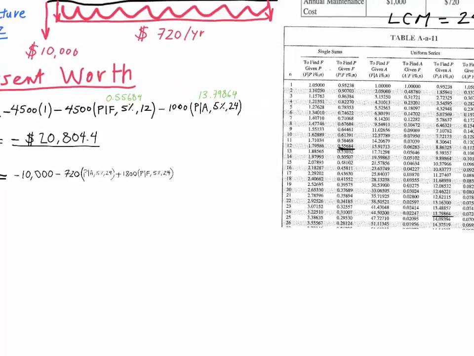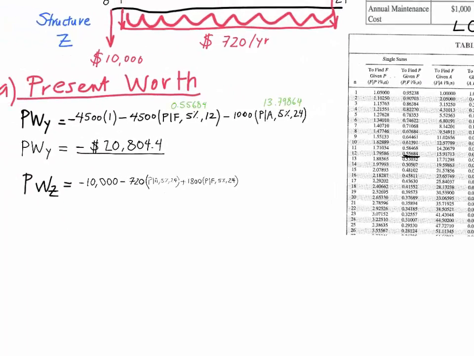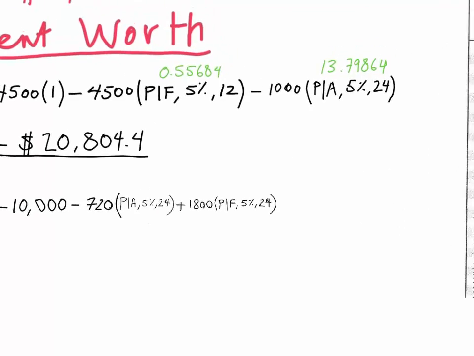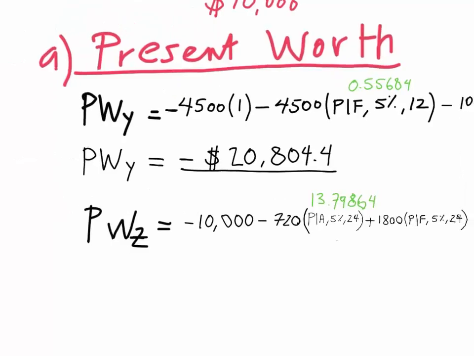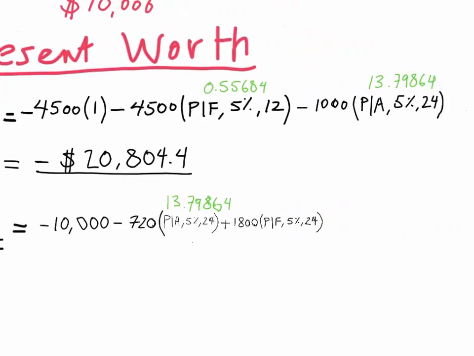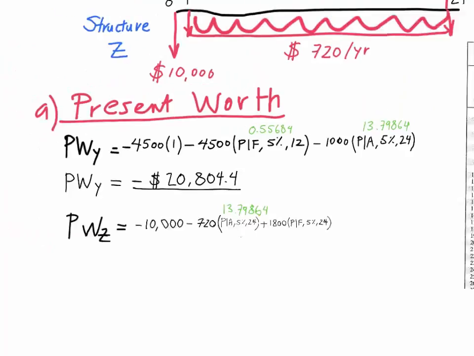And what we need to be getting now is the factors. The factor P given A, 5% and 24, is the same as this one, so that's the factor we already have. And then the P given F for 24, we did not get it before. We got only for the 12.